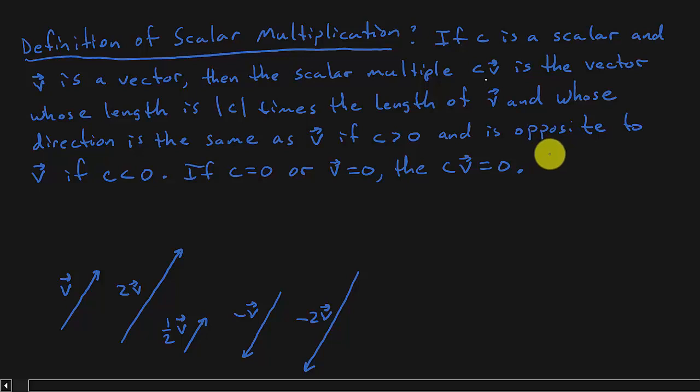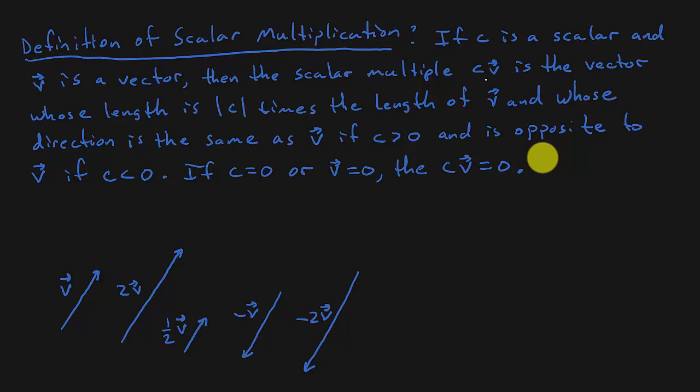So if you multiply a vector by a negative number, it's going to go in the opposite direction. It'll still have the same length, but just the opposite direction.